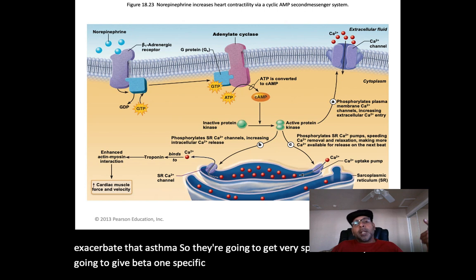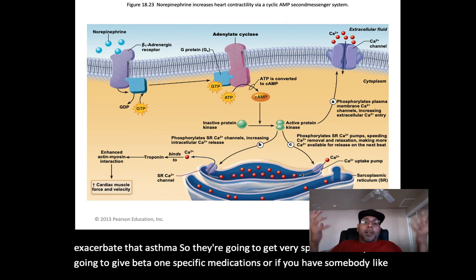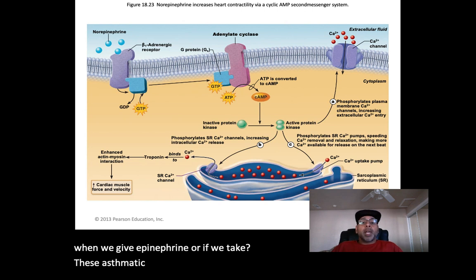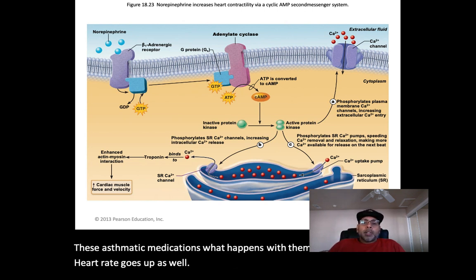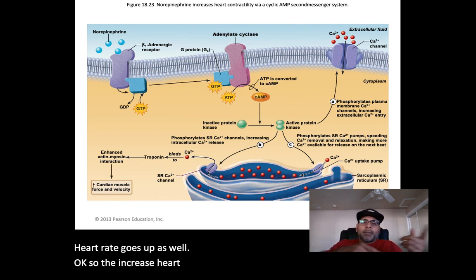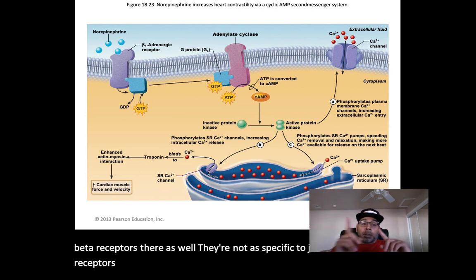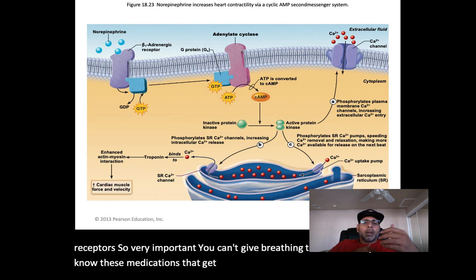Or when we give epinephrine, or asthmatic medications, what happens? Heart rate goes up as well. Why? Because they have an effect on those beta receptors as well. They're not as specific to just the beta 2 receptors. So, very important. You can't give breathing treatments or these medications that get the heart rate going one right after the other.